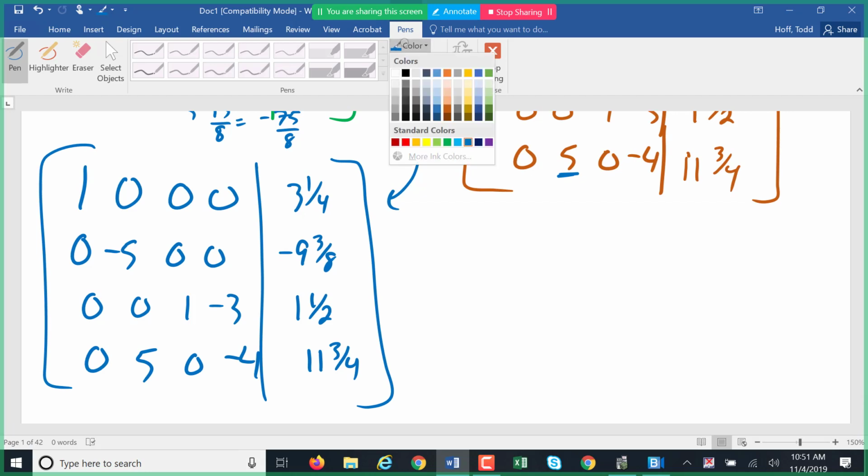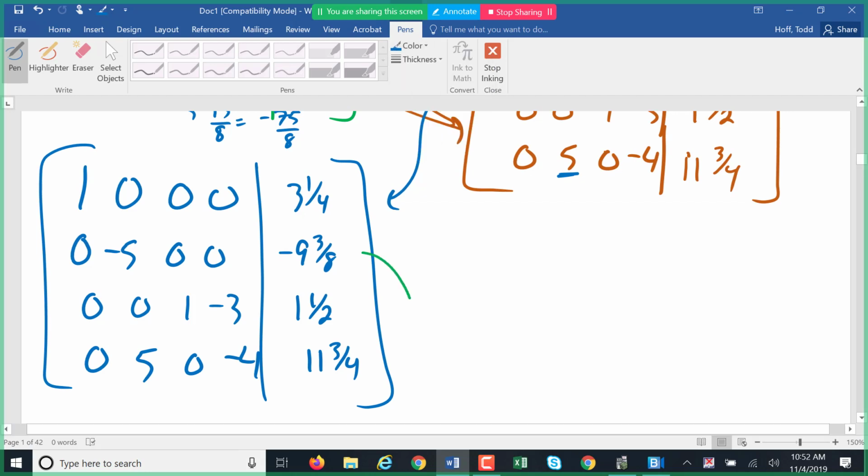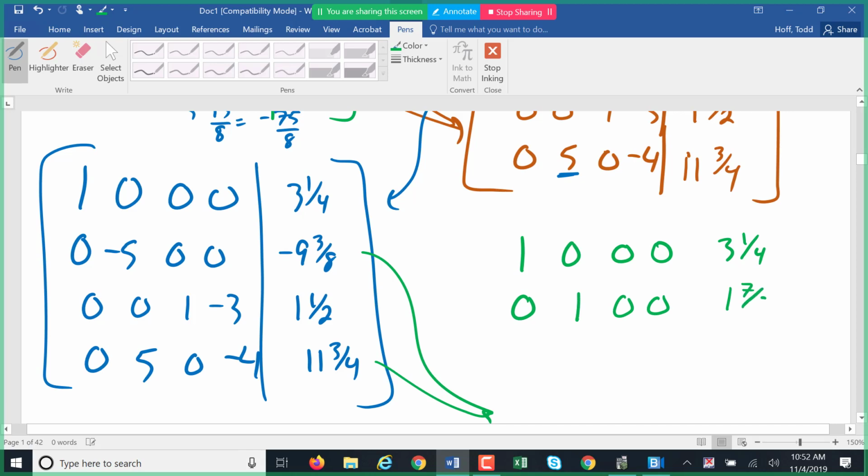So then we're going to combine second and fourth row and replace the fourth row. So top row, 1, 0, 0, 0, 3 1/4. Second row, we're going to go back to what it was before we multiplied. 0, 1, 0, 0, 1 7/8. Third row, it hasn't changed.